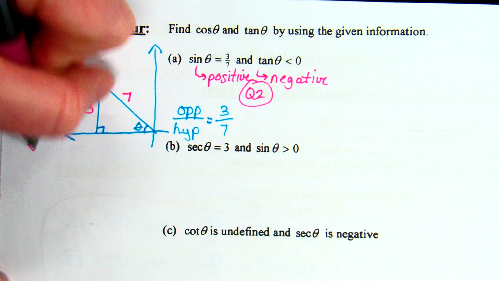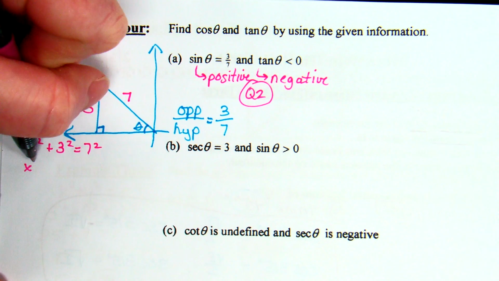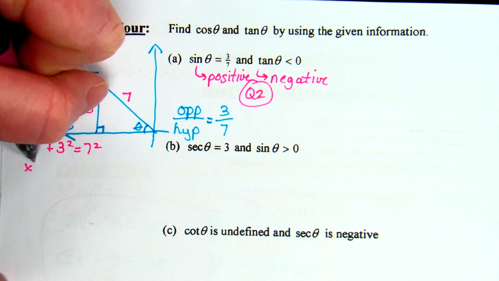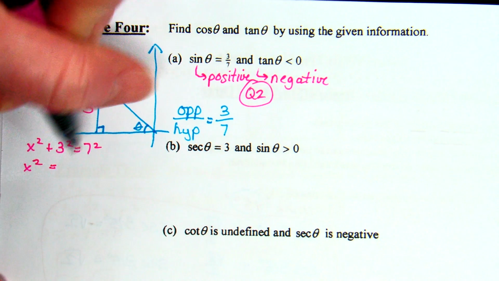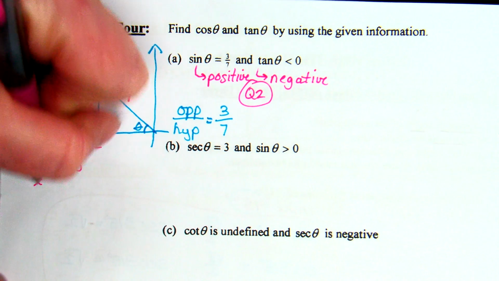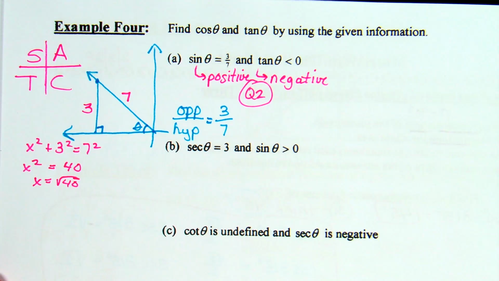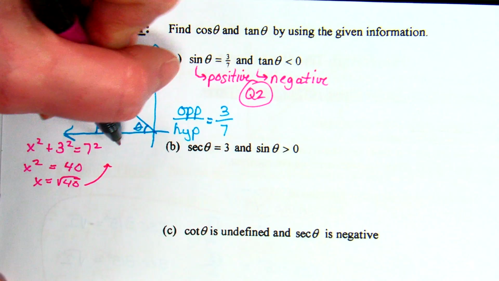So I'm going to say x squared plus 3 squared equals 7 squared. X squared ends up equaling 40, so x is the square root of 40. So that square root of 40 is that bottom side.